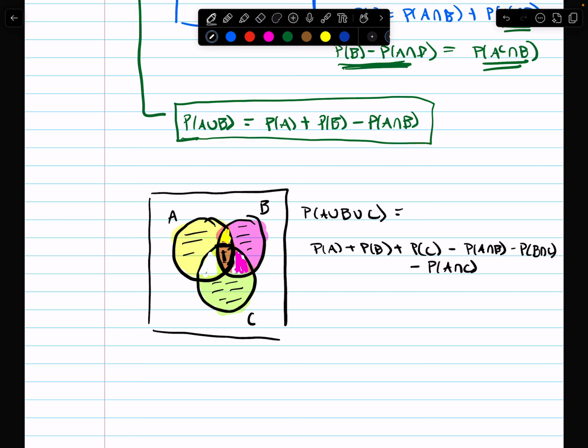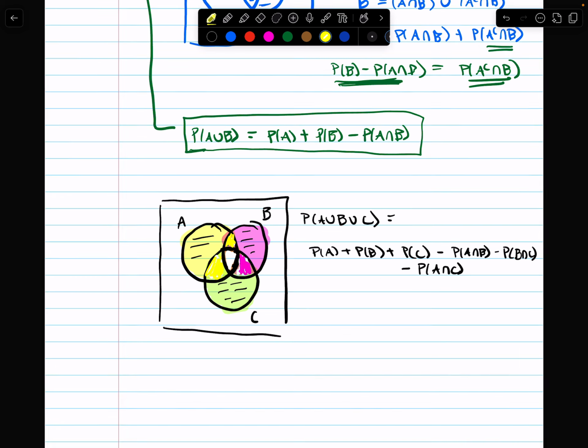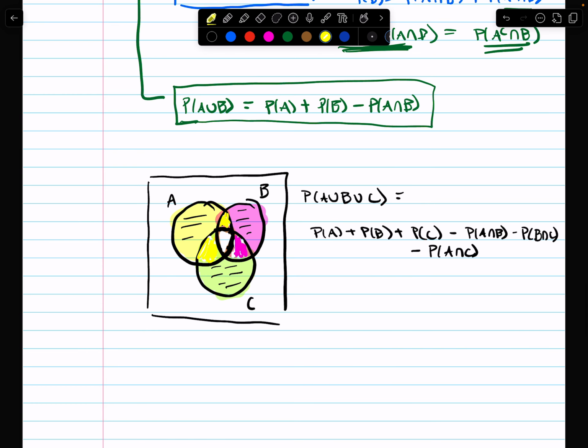And at this point, we've now removed that middle football 3 times. And so we're down to 1 on each of those little pieces, but the way we fix it is we're going to add back in the intersection of all 3.